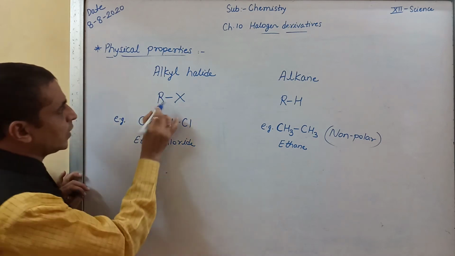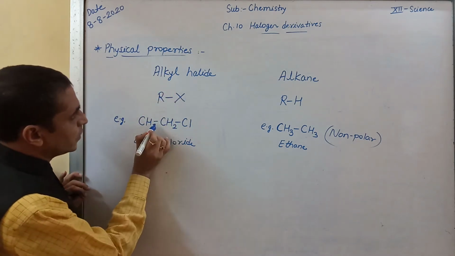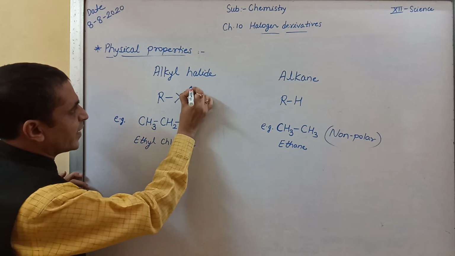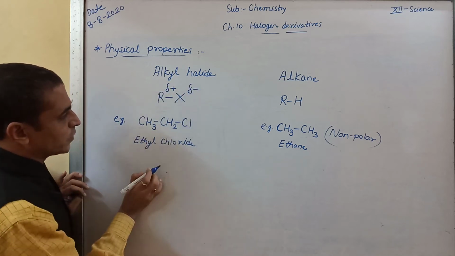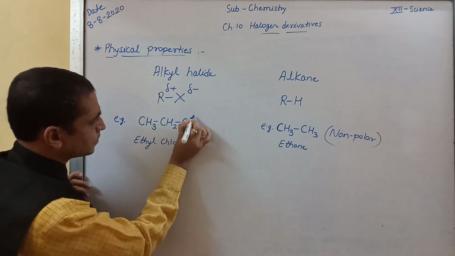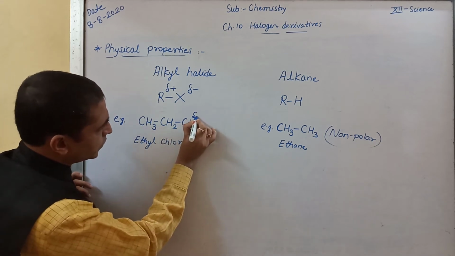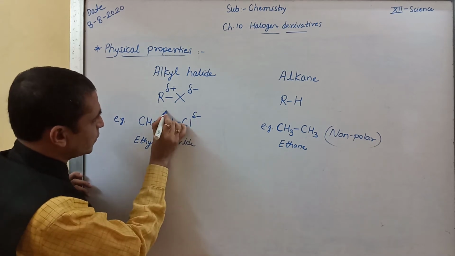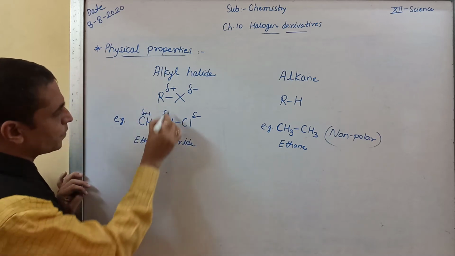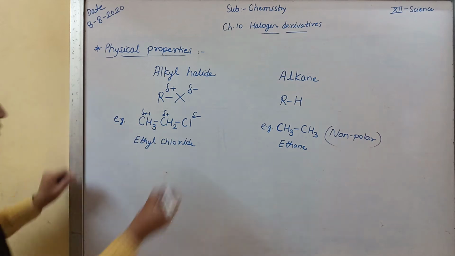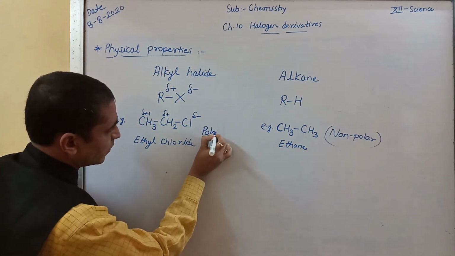But in alkyl halide, X carries partial negative charge and R carries partial positive charge. Similarly here, this carries negative charge and this carries positive charge. So these are polar.